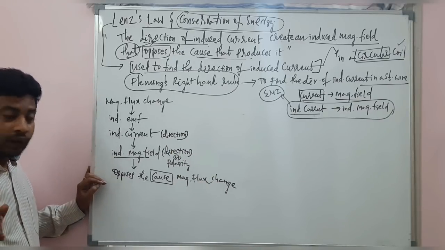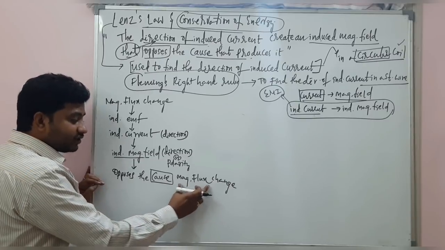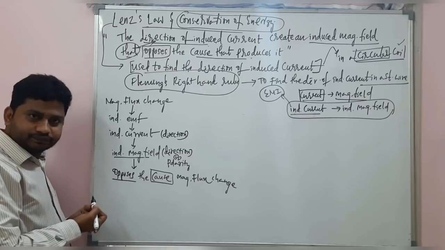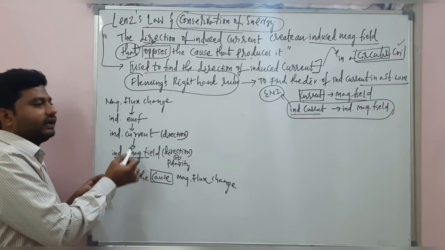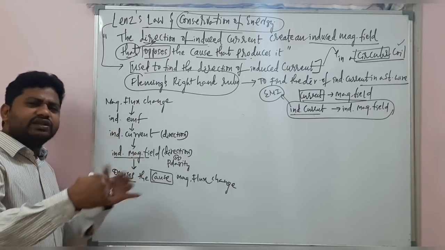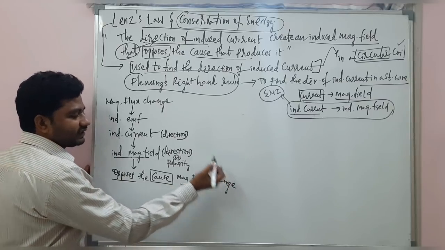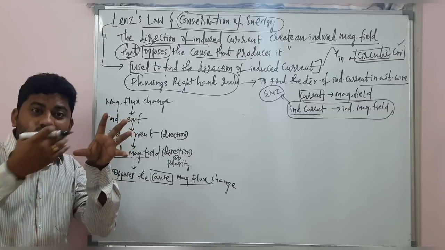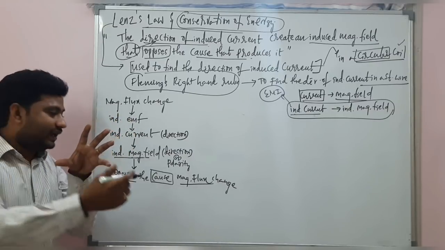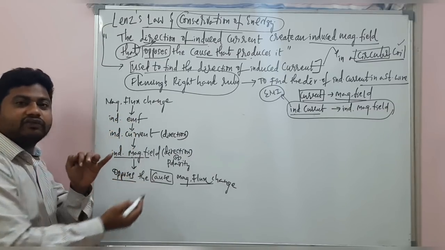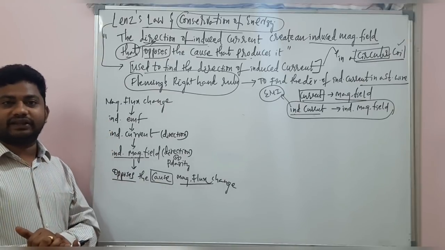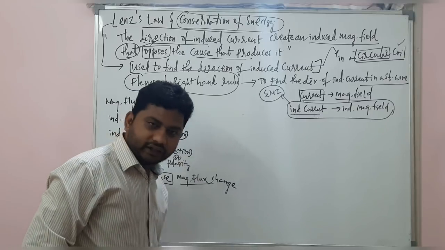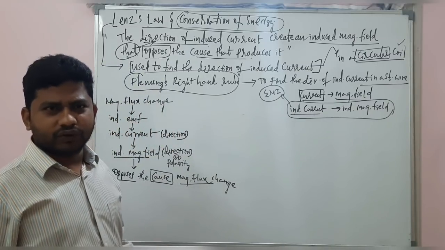So this induced magnetic field or induced current will always oppose the magnetic flux change. If the flux linked with the coil increases, then this induced magnetic field will try to decrease the magnetic flux change.